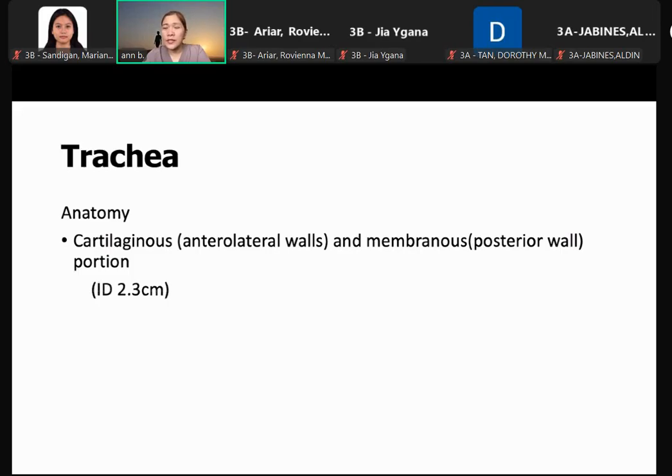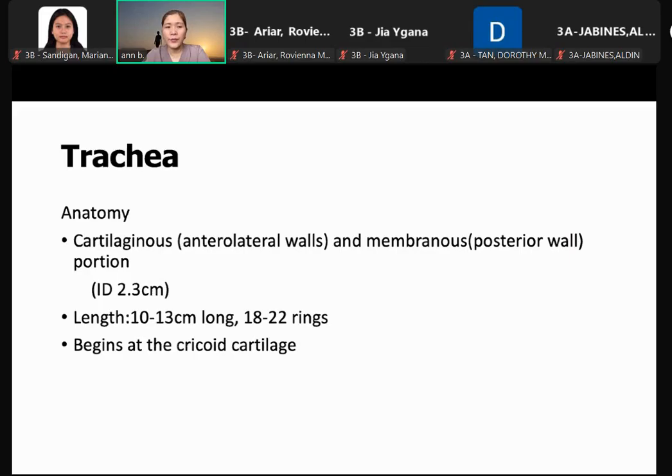The normal internal diameter is 2.3, and the length runs approximately 10 to 13 centimeters, with 18 to 22 rings. It depends on the anatomy and also on the patient's height.